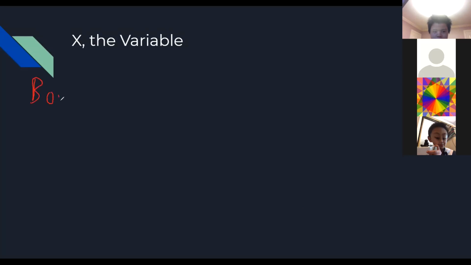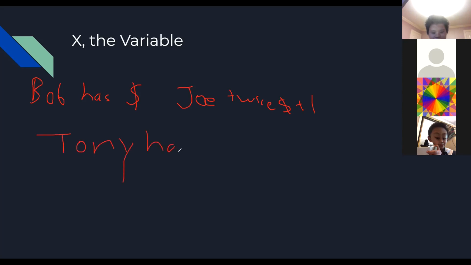Say Bob has some number of dollars, and say Joe has twice Bob's dollars with one more dollar, and let's say Tony has, actually, 4 times Bob's amount minus 5.